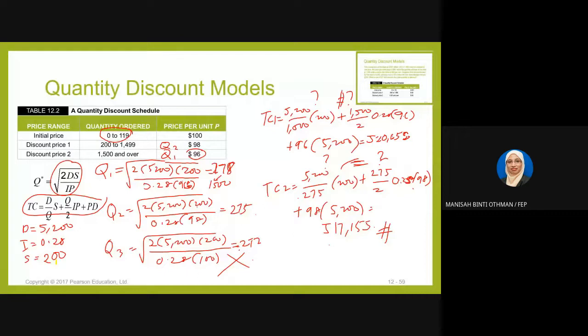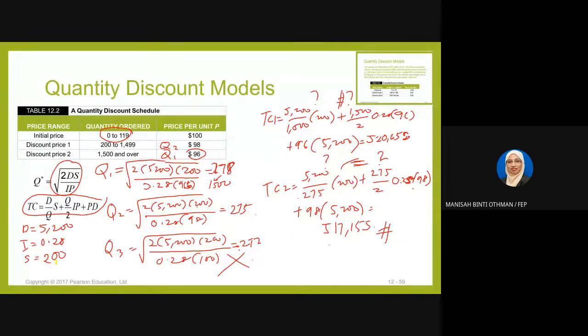So for the discount model, it depends on the lowest total cost. It doesn't matter whether you use the EOQ value or the minimum number for that quantity range. As long as that is the minimum total cost, then we select that one.